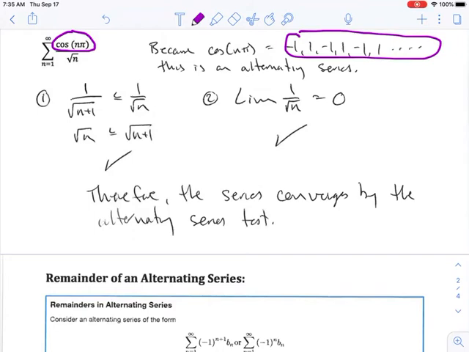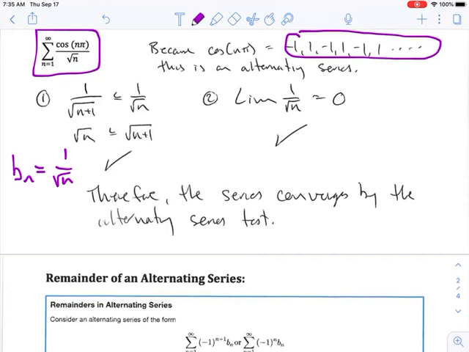Question is, if we take that, divide it by the square root of n, is this entire series now going to converge or diverge? It is an alternating series. It's the numerator that makes it alternate. So therefore, B sub n in this case is simply 1 over the square root of n. It's the non-alternating part of this series.